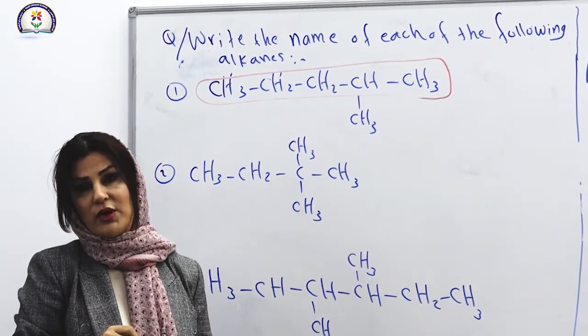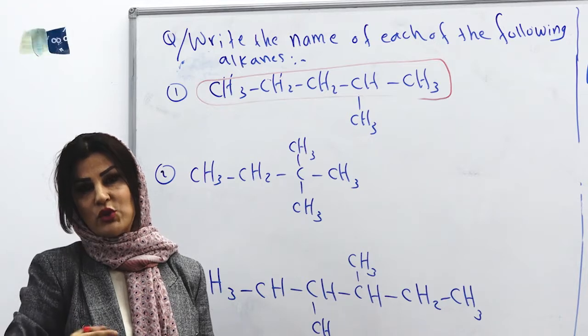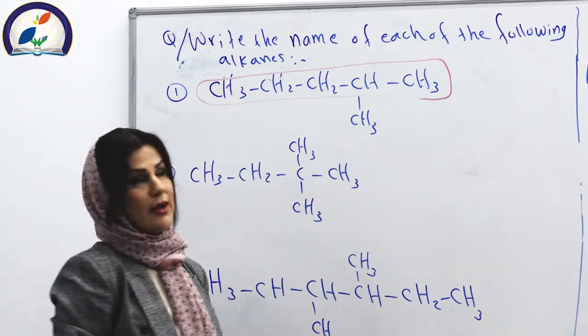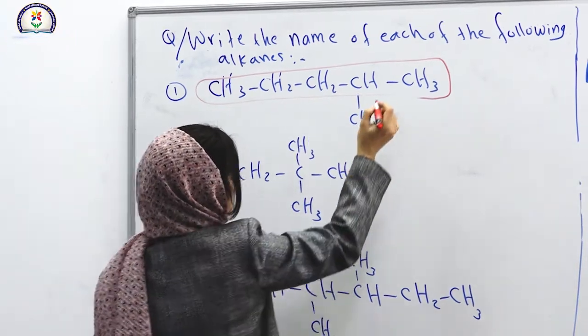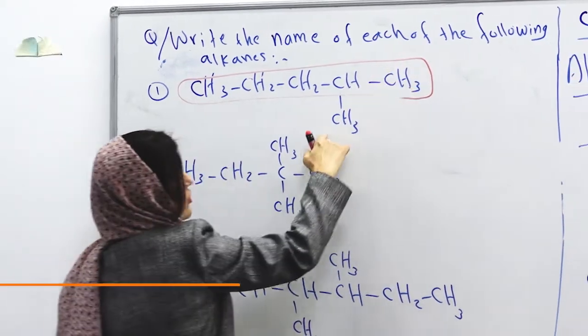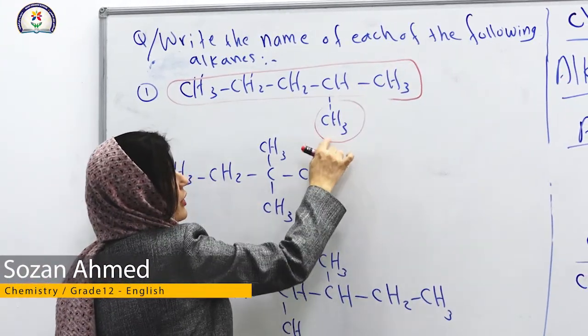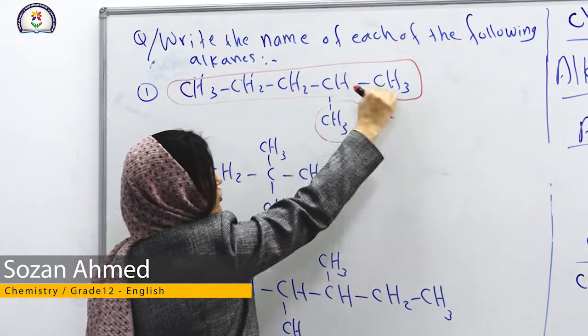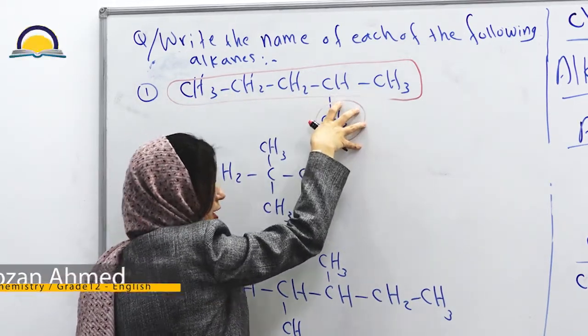When you do this, the second step, what should we do? We have to number the chain from the side that is closer to the branch. If you choose this, this will be the branch.